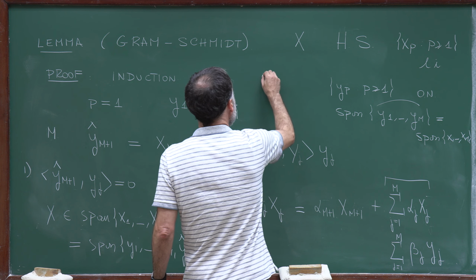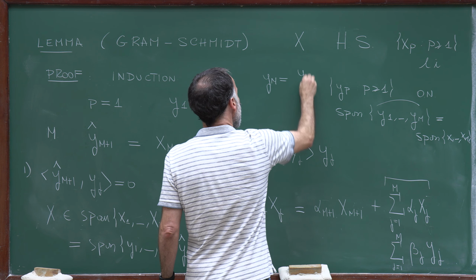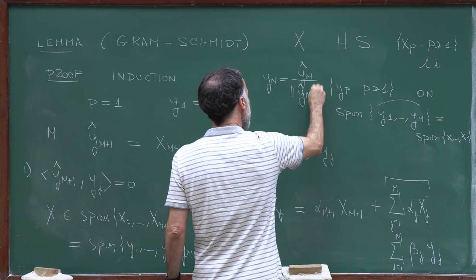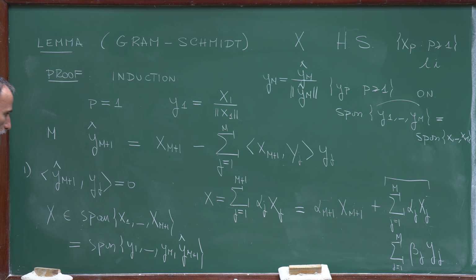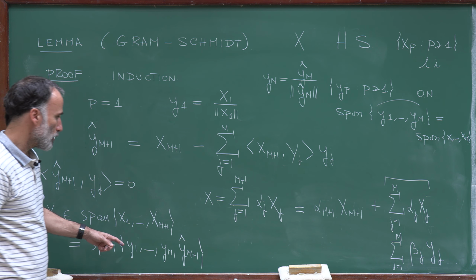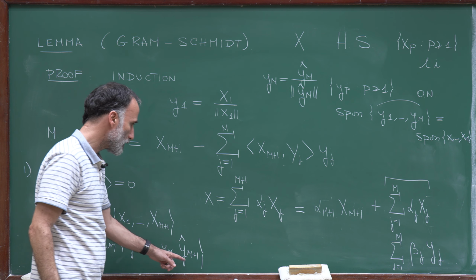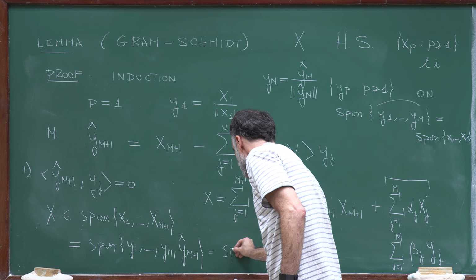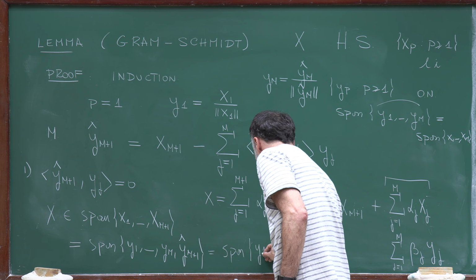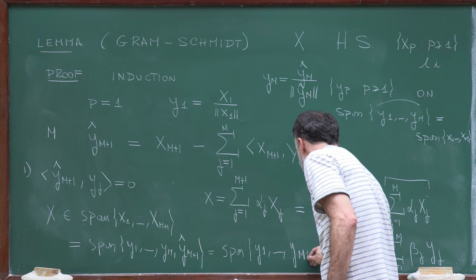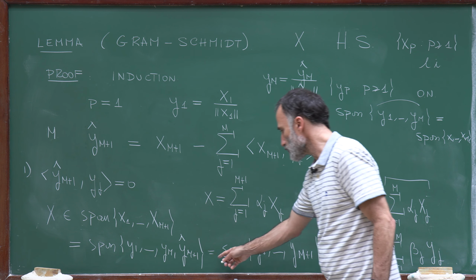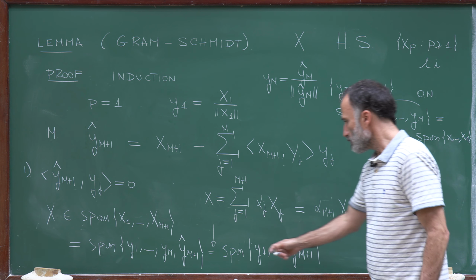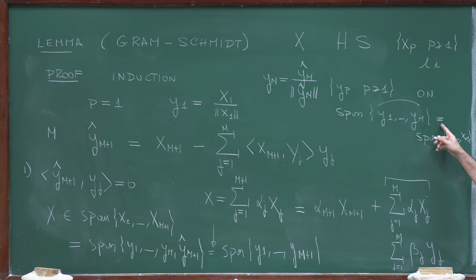But now, if I define y_{m+1} as y hat m plus 1 divided by the norm of y hat m plus 1, the span of y1 up to y_m and y hat m plus 1 is equal to the span of y1 up to y_{m+1}. This is a simple exercise, which I leave to you to check. So from this identity, we get this identity.